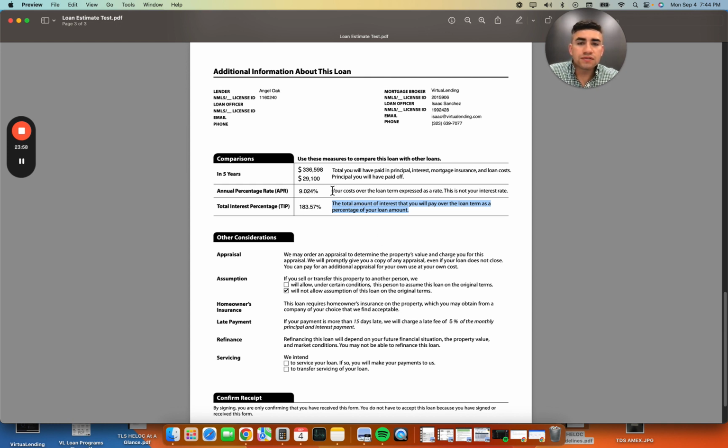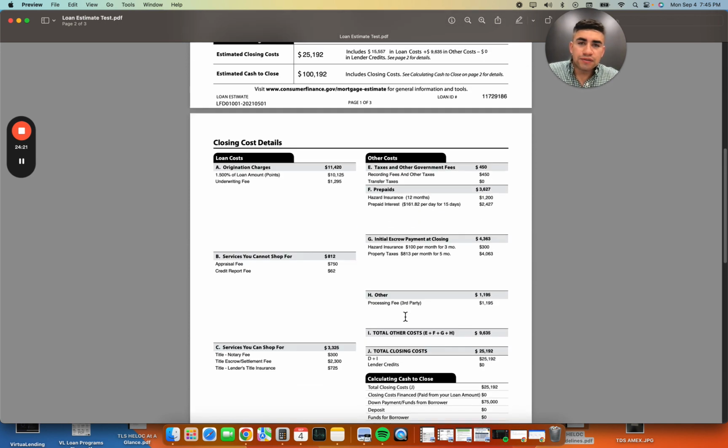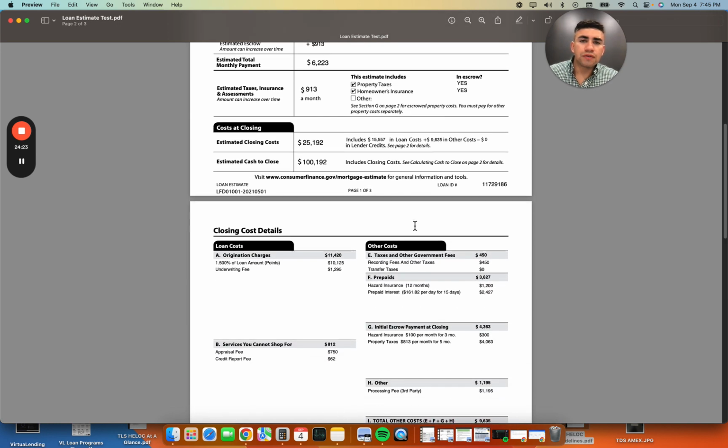APR, total cost over the loan term expressed as a rate, again, if you were to keep it for 30 years. And then right here, this is kind of interesting. It tells you how much you would pay towards your P&I, mortgage insurance, and loan costs, and then how much of the principal you would pay off out of all this amount. So it's interesting stuff here, guys. But really, like I said, meat and potatoes here is page 1 and 2 of the loan estimate.